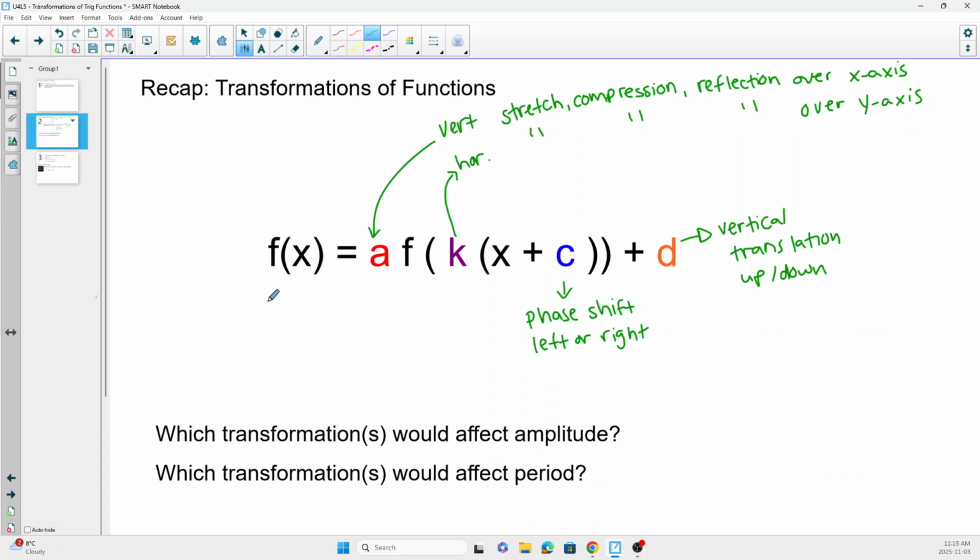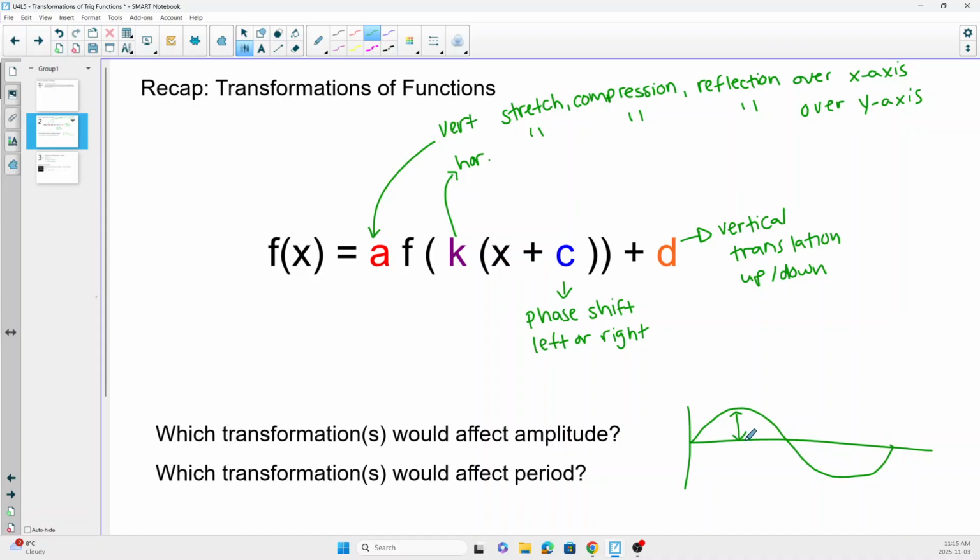And I want you to think about which of these transformations would affect the amplitude, and which of these transformations would affect the period. When we're thinking about that, the amplitude of the function is that distance between the max and the midline, or the min and the midline. So if this was our sine curve, this is our amplitude.